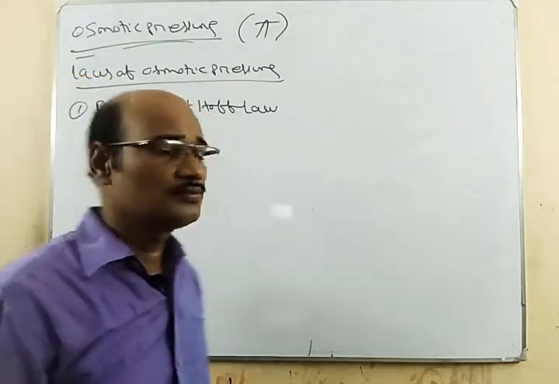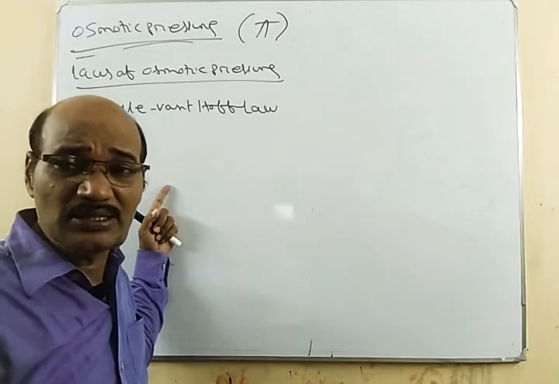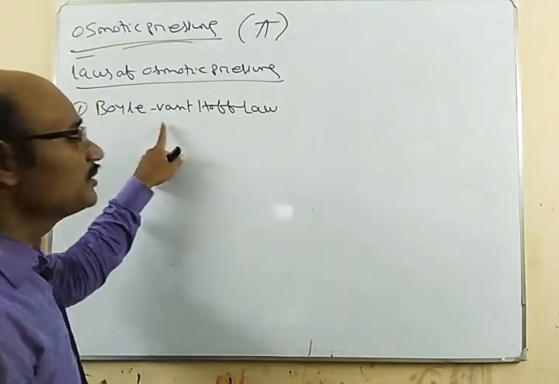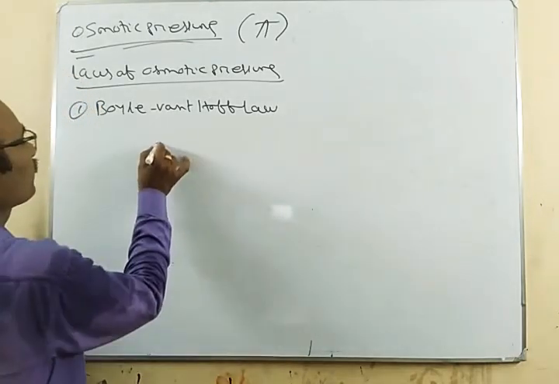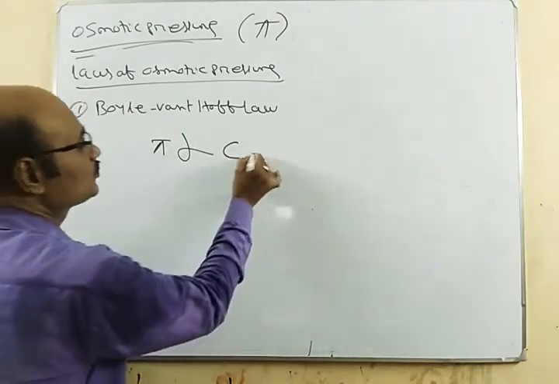What it says is, temperature remaining constant, the osmotic pressure of a dilute solution, pi, is proportional to the concentration of the solution.